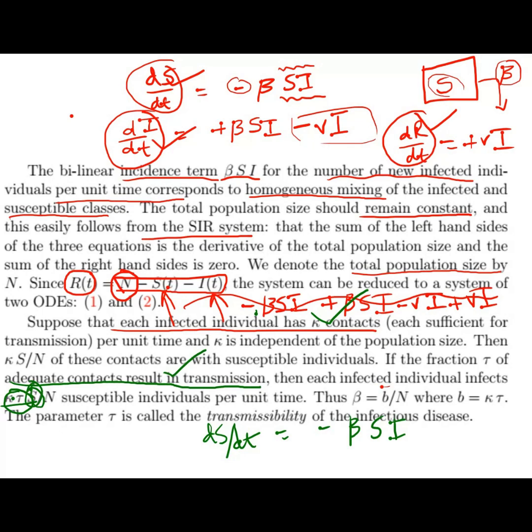How transmissible is the disease? Certain diseases that are waterborne might have less transmissibility compared to diseases that are contagious.